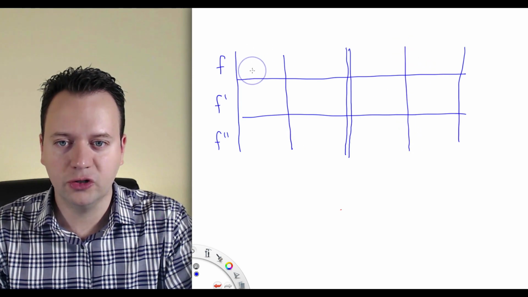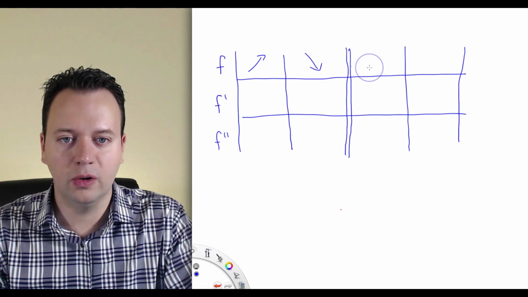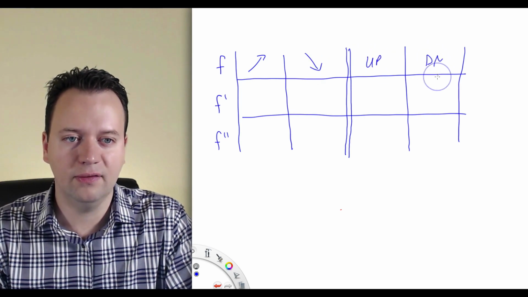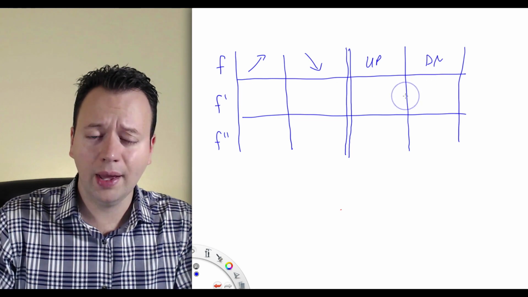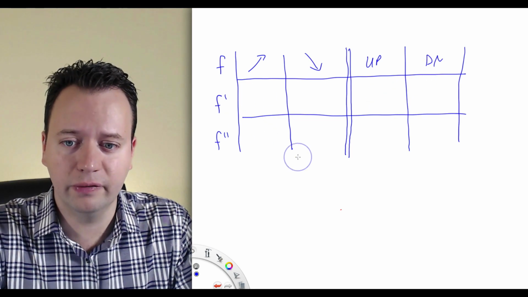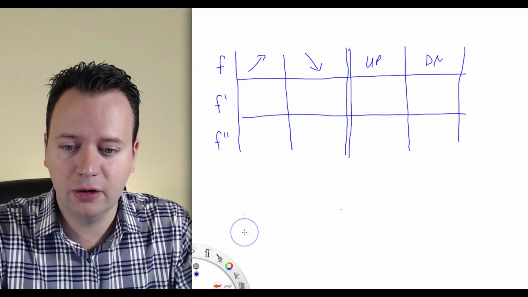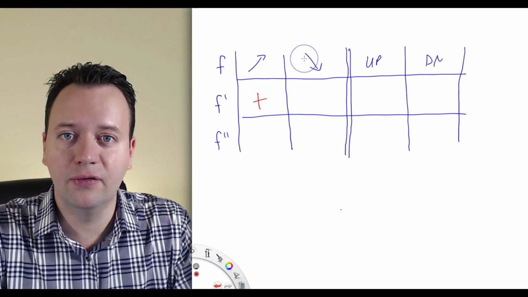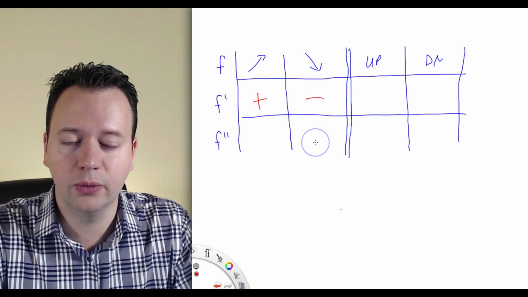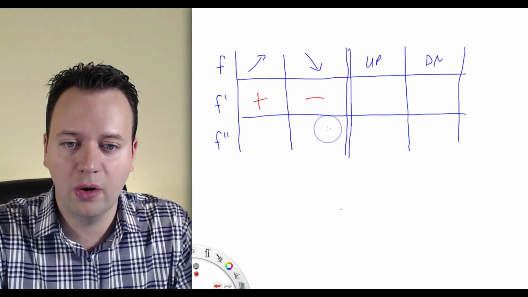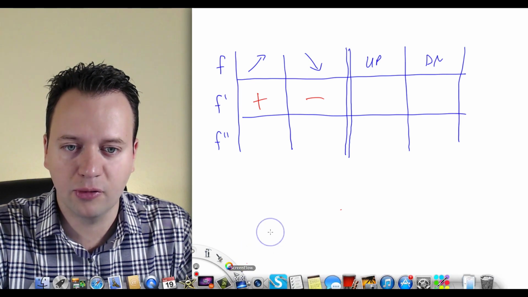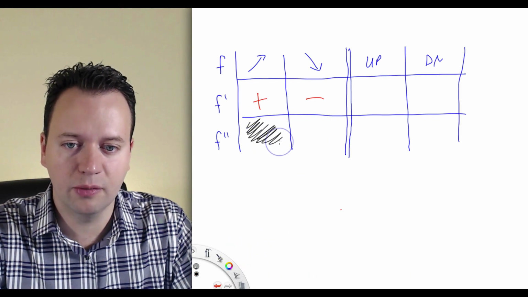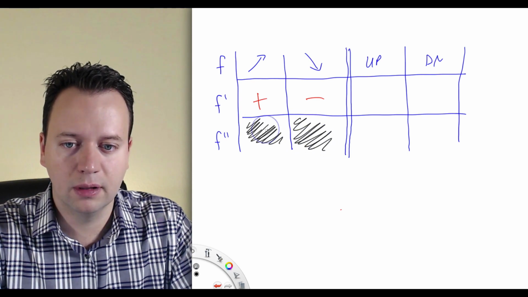So if the function f is increasing or decreasing, then we can say concave up or concave down. What can you say about the derivatives? So if a function f is increasing, its derivative is positive, and if the function f is decreasing, its derivative is negative. And then there's no information about f double prime. So here we just, no information. It could be anything.